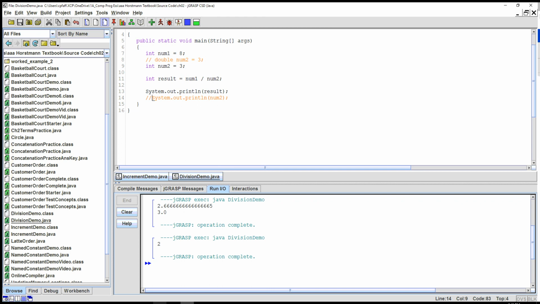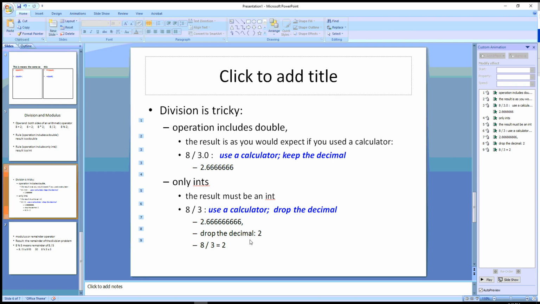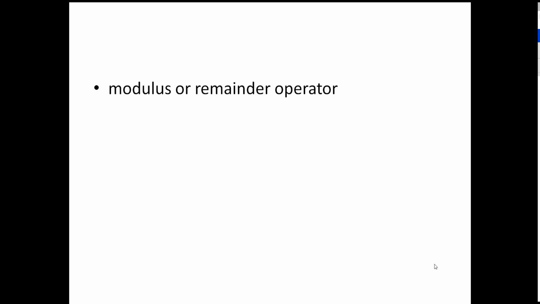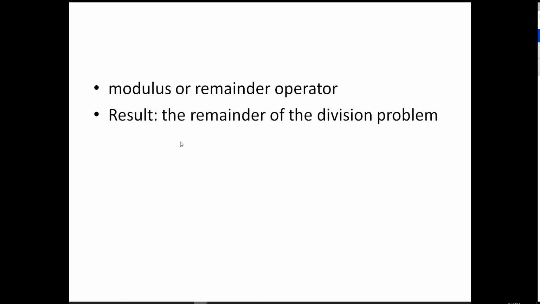But now let's go back and check out modulus. So in modulus, the modulus is called the remainder operator. So the remainder operator. So well, how's that used? The result of the modulus. So this would be, for instance, 7 modulus 3.